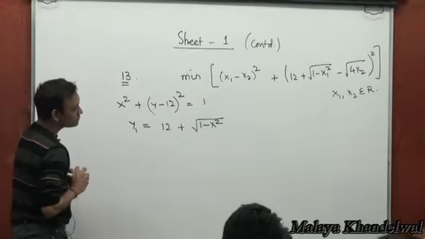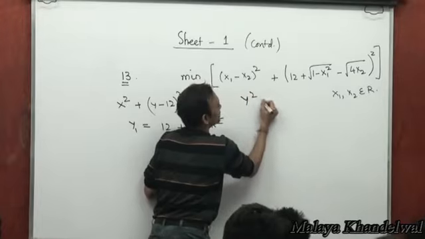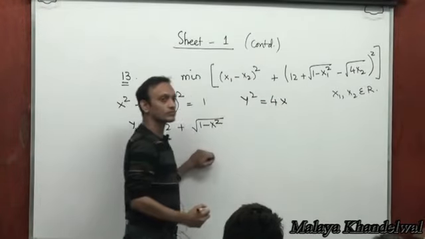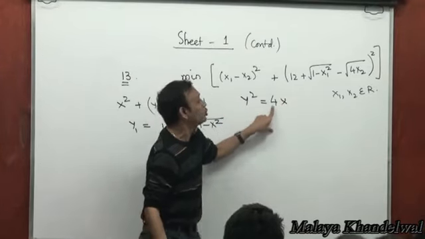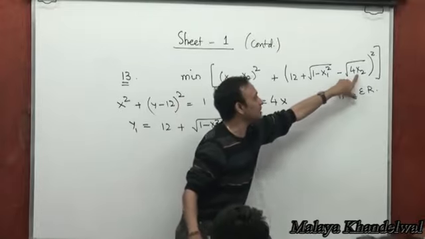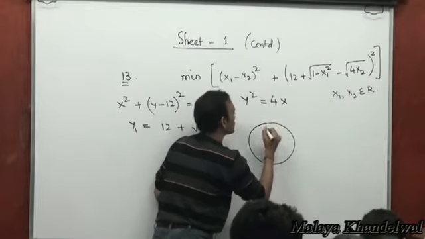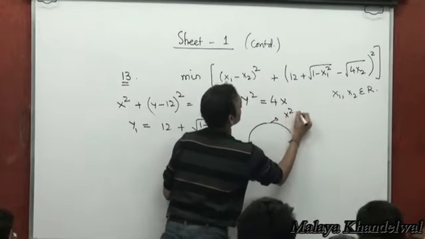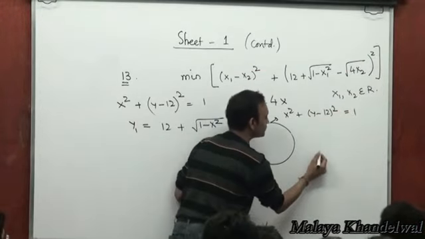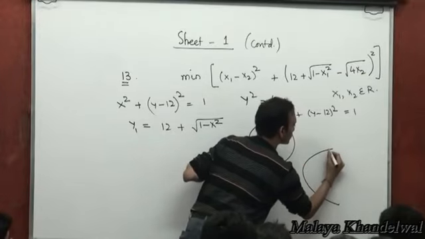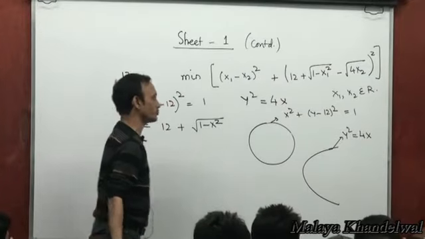Now, basically then, if you have a parabola y squared equal to 4x, then for any given x equal to x2, the corresponding y on the parabola would be root 4x. Now, imagine a circle x squared plus y minus 12 whole squared equal to 1 and a parabola y squared equal to 4x.